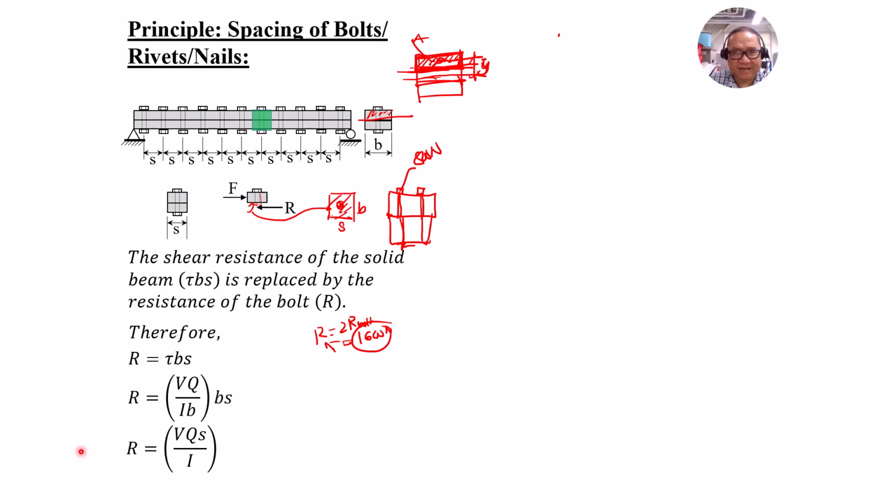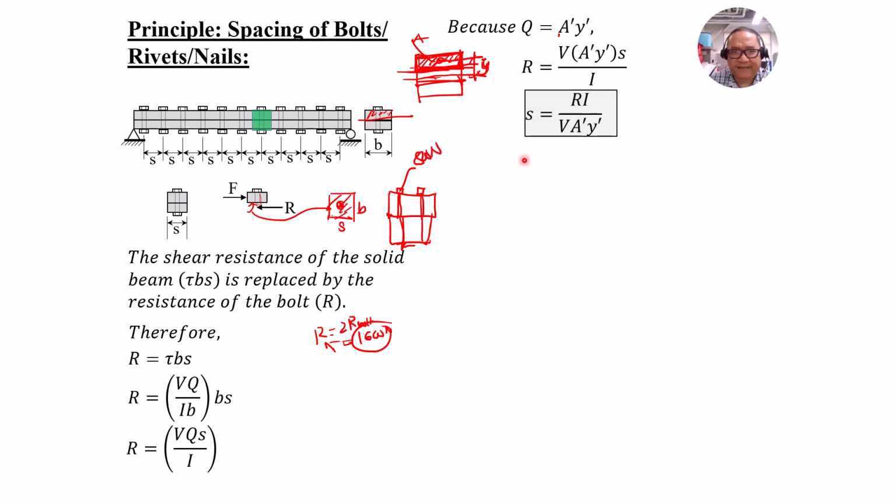So in general, we replace Q by A prime Y prime, then R equals V times area prime Y prime times S over I. Rearranging, S therefore equals, that's the formula, RI over V A prime Y prime. So I read this formula as RI over V A prime Y prime.